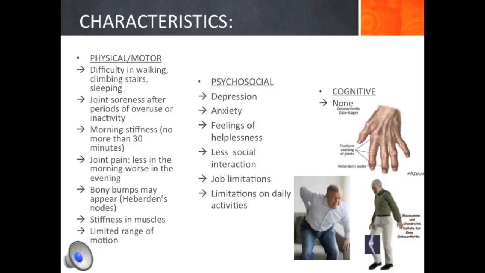A person may feel joint soreness after periods of overuse or inactivity. Joint pain is less in the morning and worse in the evening, which may explain why some find it hard to sleep at night. Bony bumps called Heberden's nodes may appear and are mostly seen on fingers. They also have stiffness in muscles and limited range of motion.